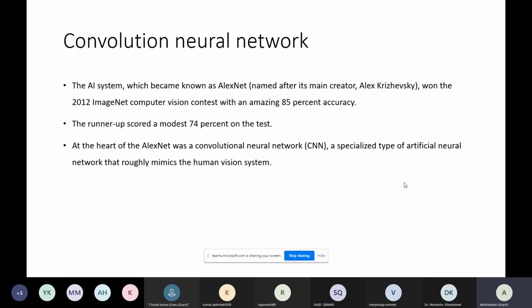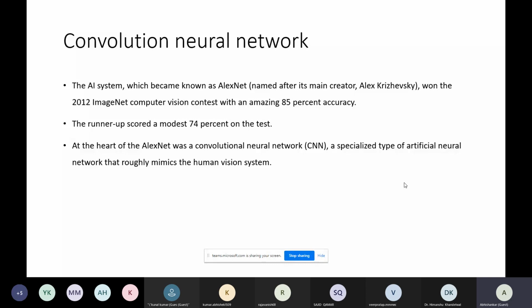So they developed an algorithm called AlexNet, and that had 85% accuracy. And at that time this accuracy was unbelievable for people. You can see that the runner-up scored only 74%.